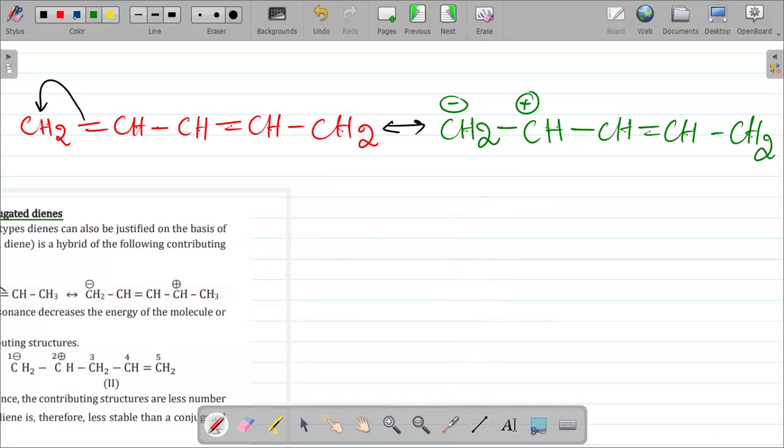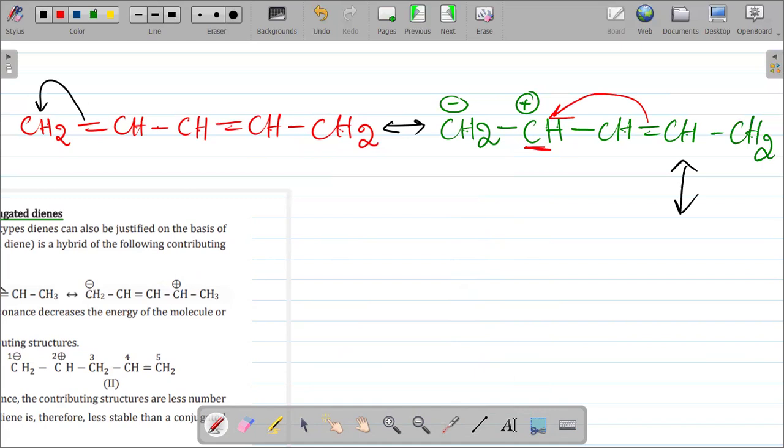After that, there is another possibility. If a positive charge is created on carbon number two, and I share the double bond which is present on carbon number three, donating it to carbon number two, then another structure is possible.